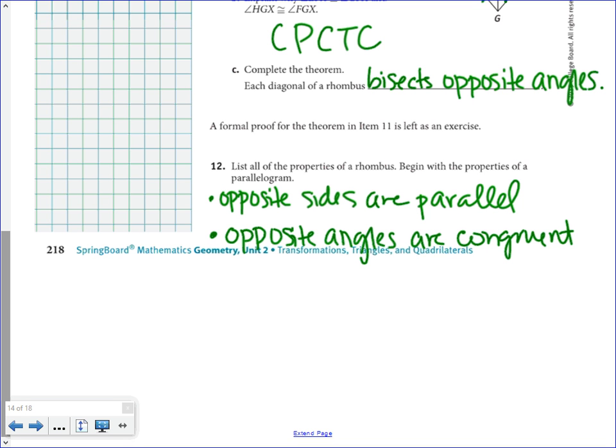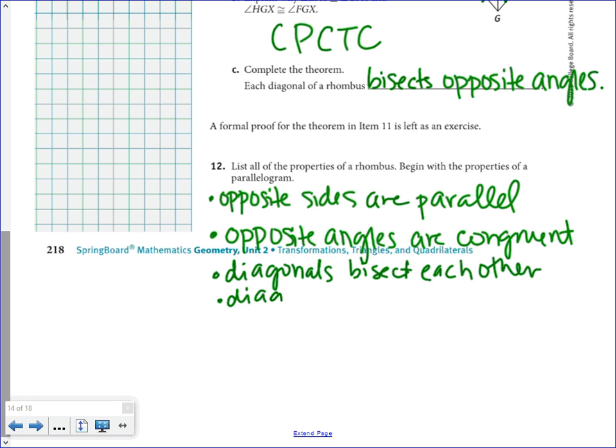We also know that the diagonals bisect each other. And we know that the diagonals are perpendicular. And we know that diagonals bisect opposite angles.